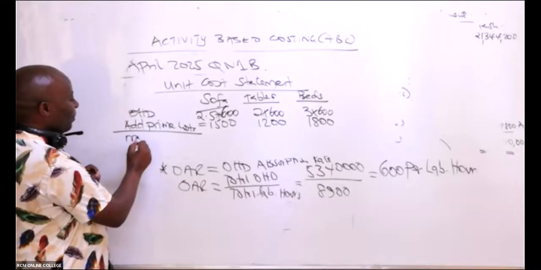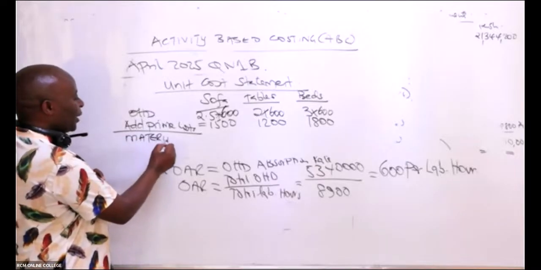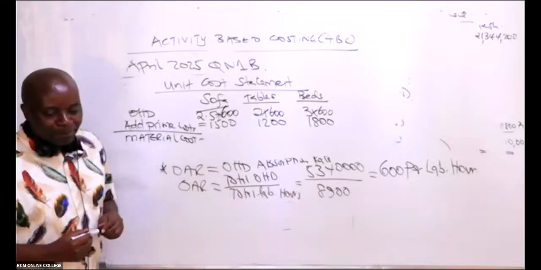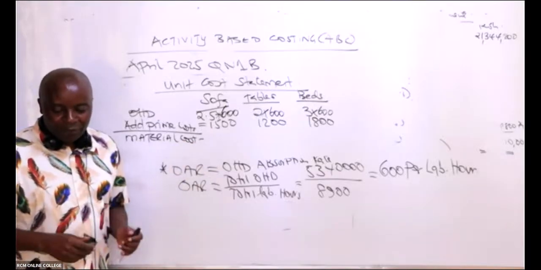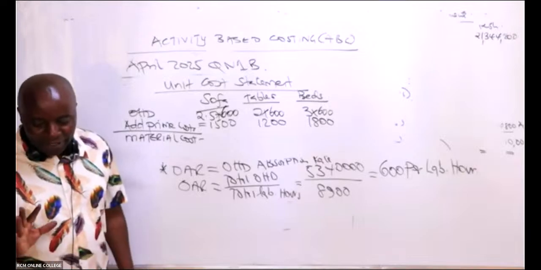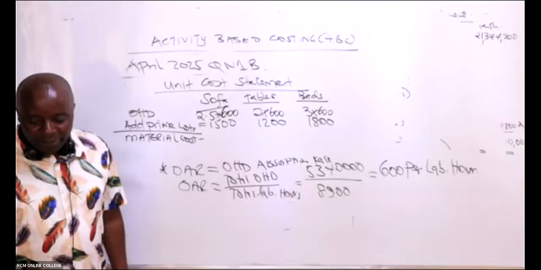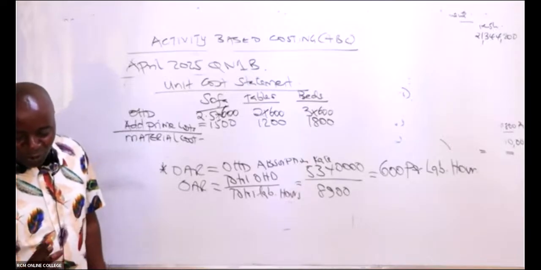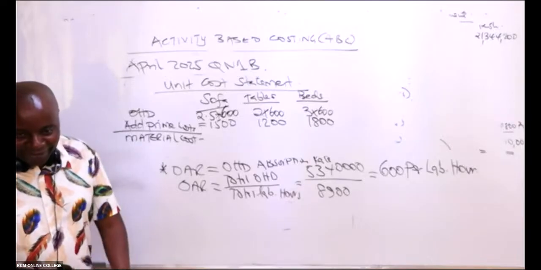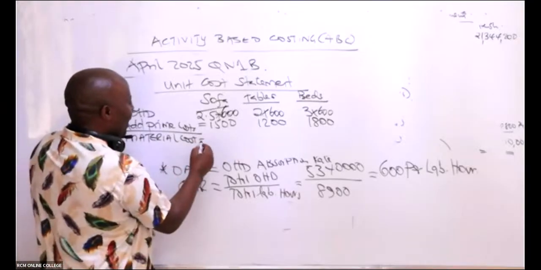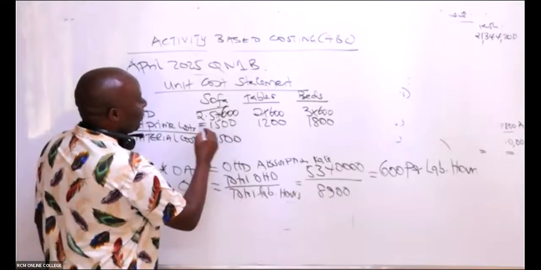So are you able to see the material cost per unit? Material cost, please give me the figures. According to Jennifer, material cost per unit for sofa is 4,500, right? So the leathers, etc. Here we need 4,500 in terms of materials.